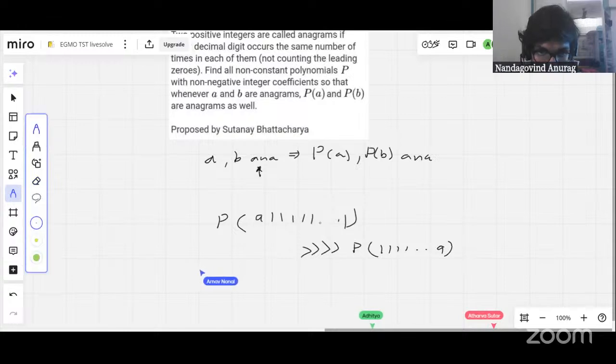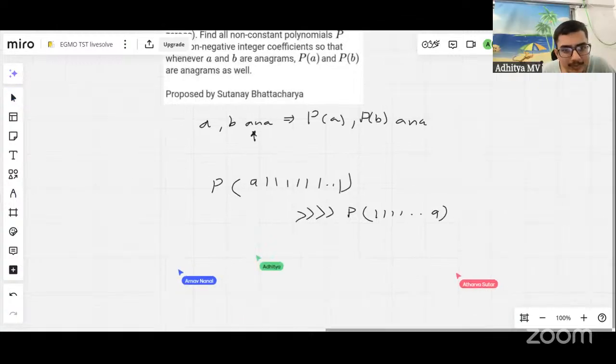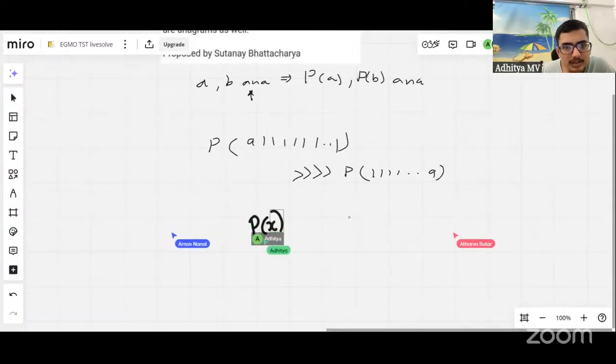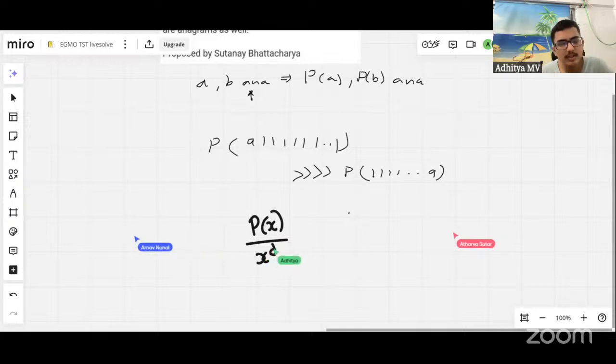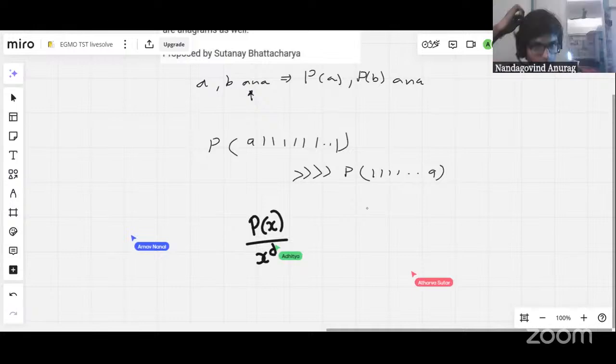So if you just look at P of X upon X to the degree, for large X it is close to a constant, right? For large X, this will be the leading term.